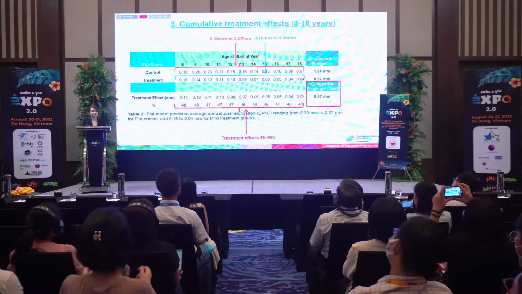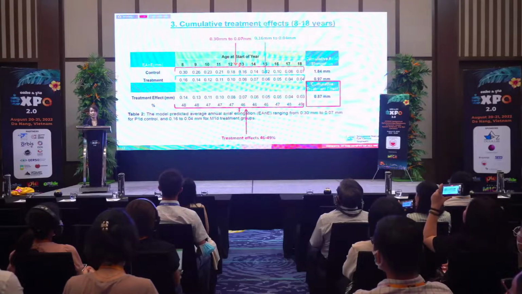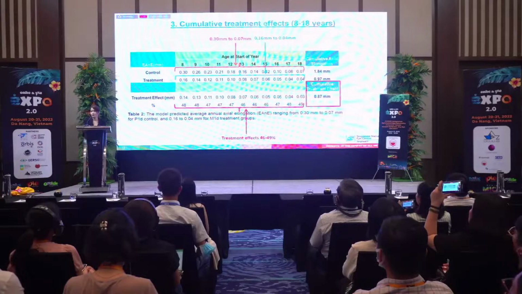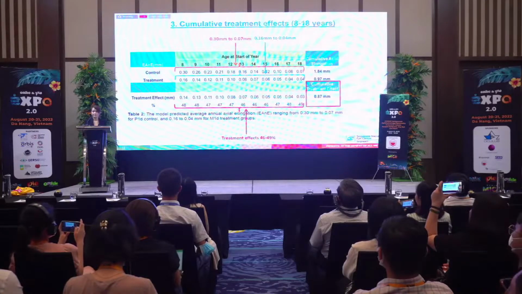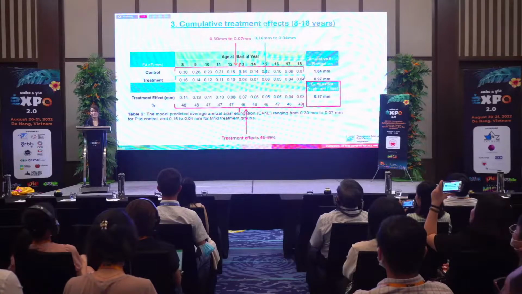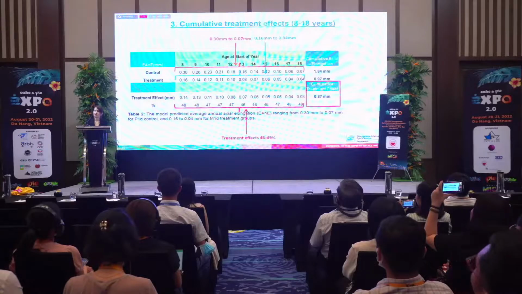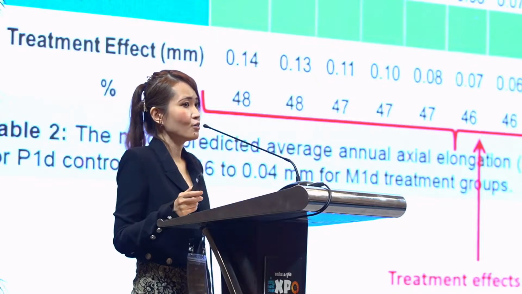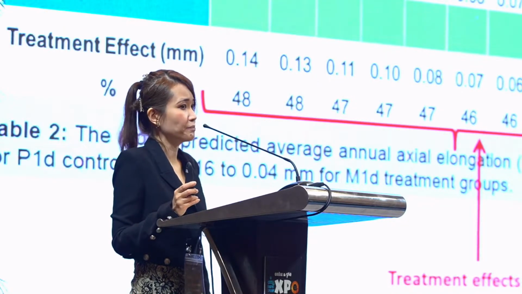So this is the cumulative treatment effect of MiSight from 8 to 18 years old. The first row shows the control arm that is entirely without treatment from 8 to 18 years old. At each year, we can see that the axial elongation ranges from 0.07 mm all the way to 0.30 mm.